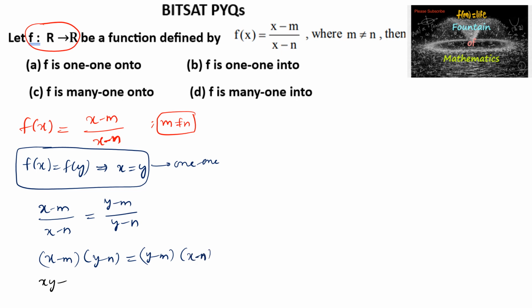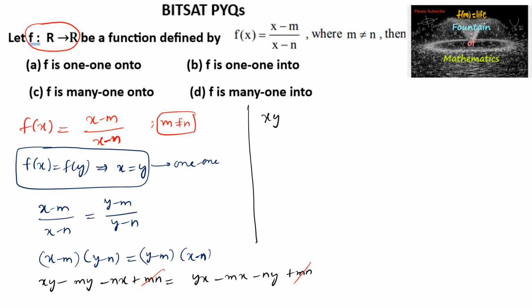So xy minus my minus nx plus mn is equal to xy minus mx minus ny plus mn. On simplifying, mn gets cancelled on both sides, and xy also gets cancelled here.